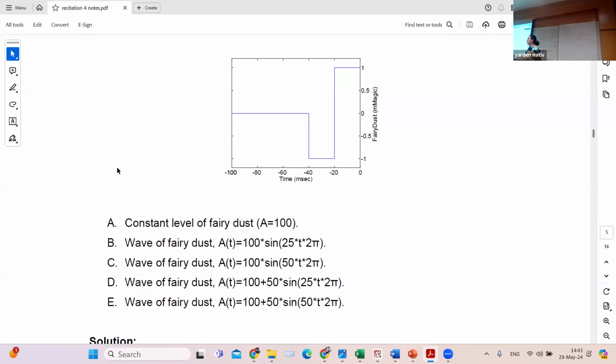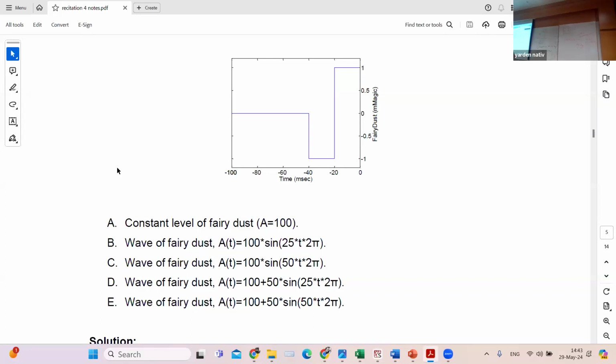Right, and what does the 100 plus represent? Great. This is also called the DC level, right? Because this is the average of the response. And over here it's 0. Therefore, D and E are out of the question.